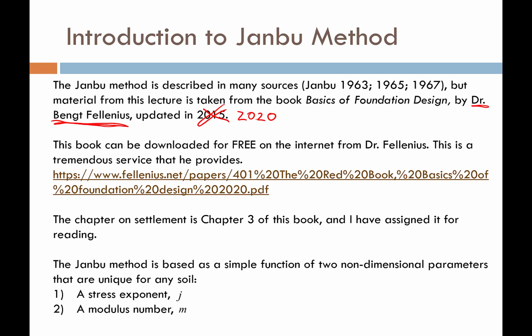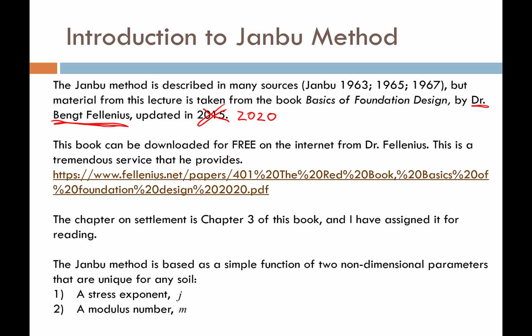So few authors are willing to pay that fee. Dr. Fellenius just has a website, fellenius.net. In the section called Papers, he has over 400 technical papers that he publishes himself on his own website, and he shares them for free with the public.